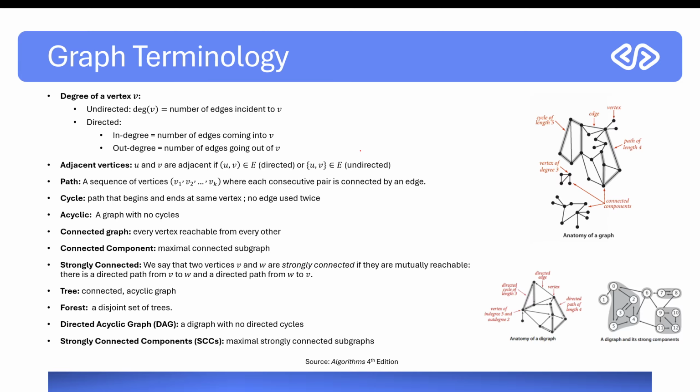Terminology is also good because we use it to define things that we use to explain other graph algorithms. So we're going to need to define what is acyclic so we can create some algorithms for just acyclic graphs. That's why it's important to understand terminology, and we use it as well for the proofs for the graph algorithms. So I'm just going to quickly go through these, and then I will explain them here.